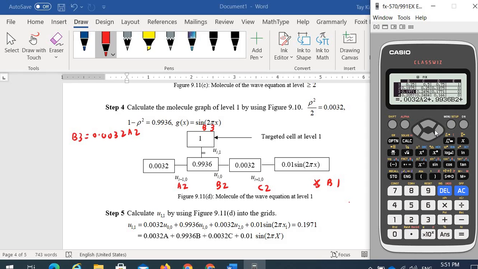So the third row is the first level. Column A is the boundary condition. So that's why I key in this one in the cell B3. B1 is the x value. So my formula in the cell B3 is 0.003282 plus 0.9936 B2 plus 0.0323 C2 plus 0.01 sin 2pi times B1.